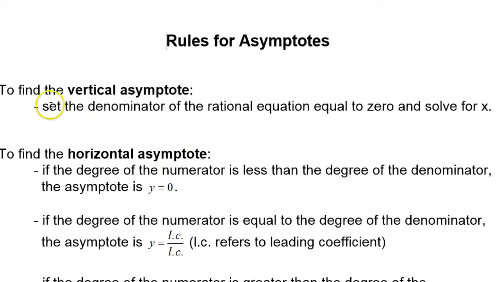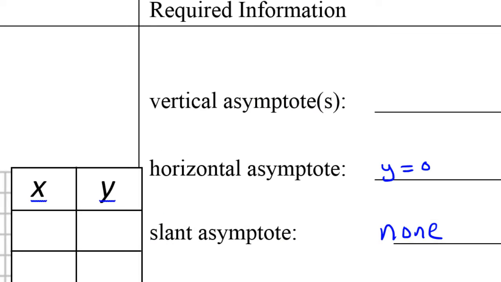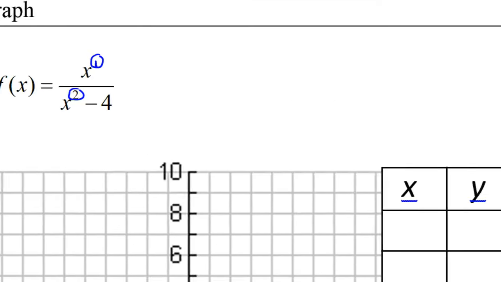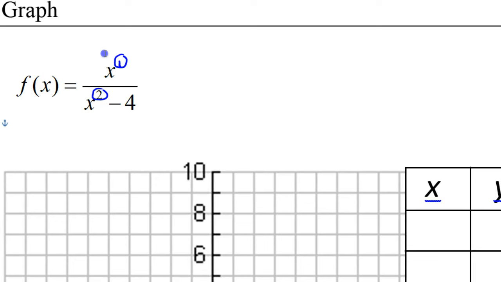When does that happen? To find a vertical asymptote, we're going to set the denominator equal to 0. Okay, it's important to make sure that nothing cancels out, but yeah, there's nothing to factor here. So to find vertical asymptotes, we're going to set the denominator equal to 0 and solve.